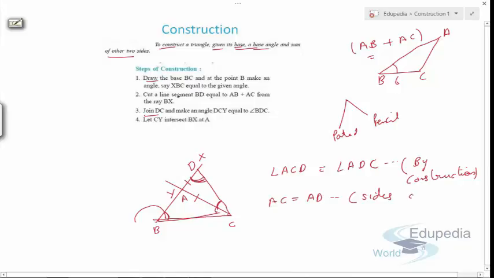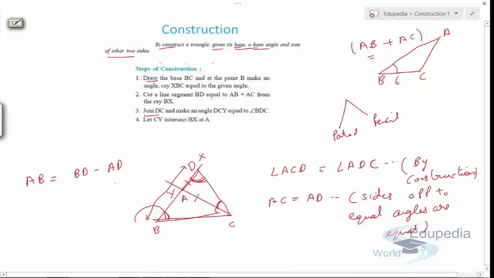Because sides opposite to equal angles are equal, right? Then we can say that AB equals BD minus AD, meaning if we take away AD from the complete side BD, we get AB, right?